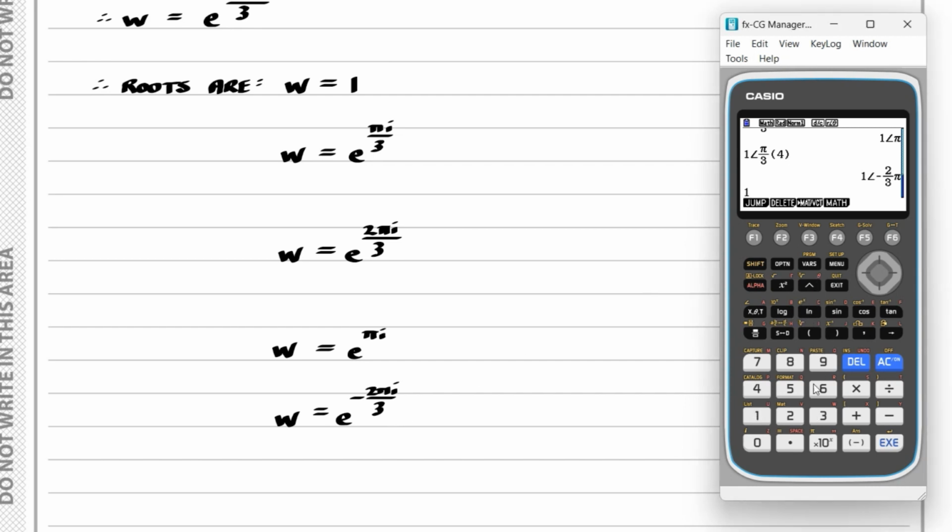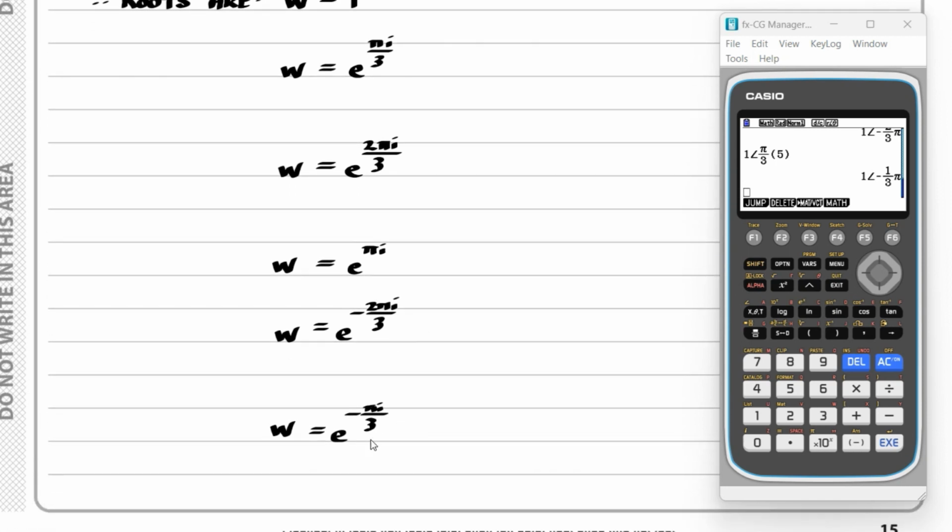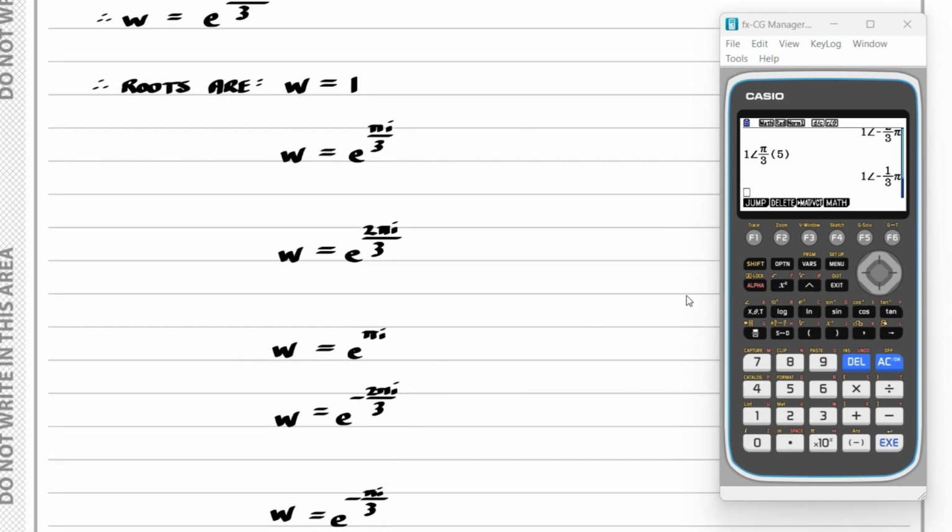And finally, I've got 1. And then here I have pi over 3 multiplied by 5, which is w equals negative pi i over 3. Now what I'm going to do is rewrite them in the form a plus bi, just in case I need it later.